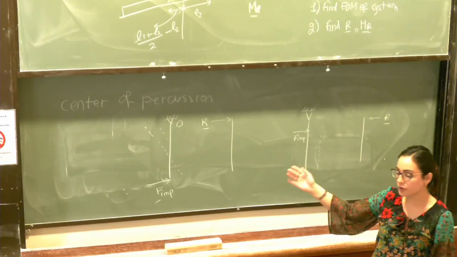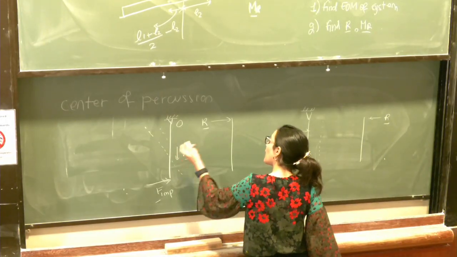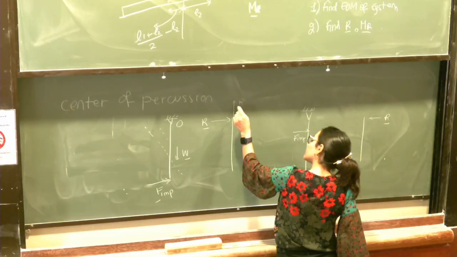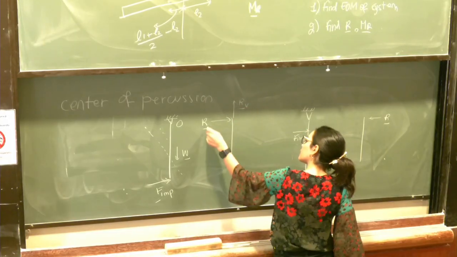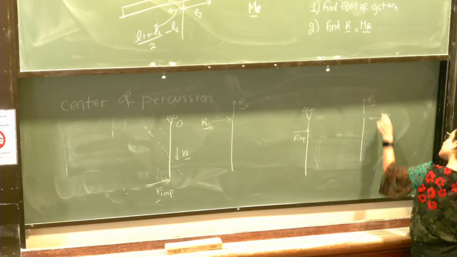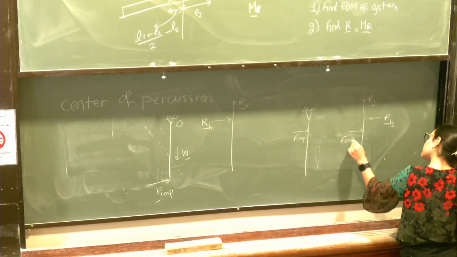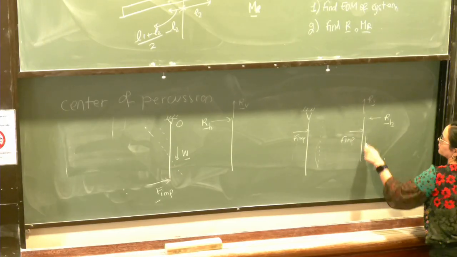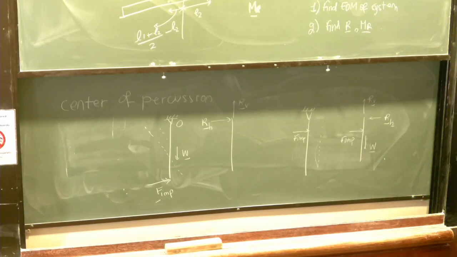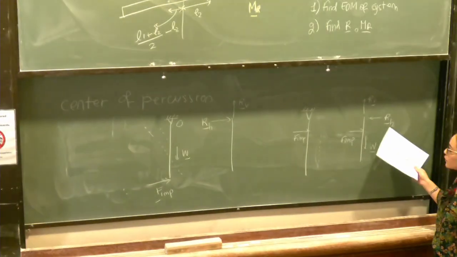Remember, I have other forces acting on the system. I have the weight, so I will also have a reaction force component due to the weight. So maybe R vertical, R horizontal. At some point, the horizontal component of the reaction force flips.